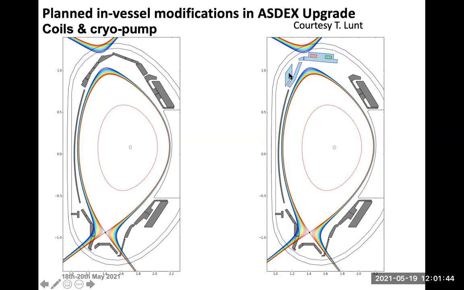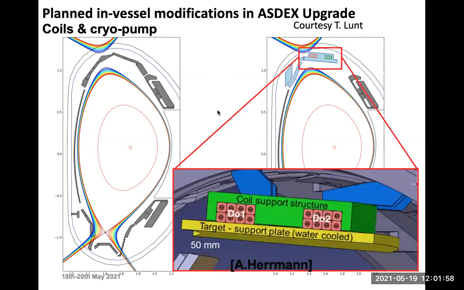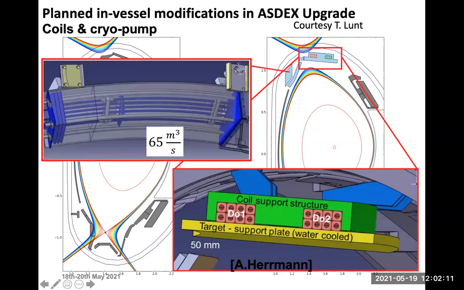And this blue box here is a new cryogenic pump that's going to be introduced in order to be able, when we operate with the upper divertor, to have some control on the particle throughput by being able to pump at the top. So you can see here the coil support structure, the new target support plate, which will be water cooled, and the two counter-current coils that are there.